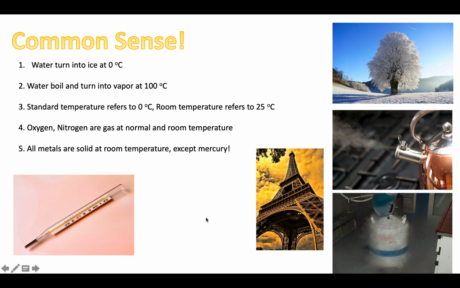Mercury, on the contrary, is liquid, and liquids tend to expand when heated. That's why we put mercury in thermometers, so that when the temperature rises, it expands and you get a reading. But right now everything is electronic, so just keep these things in mind.